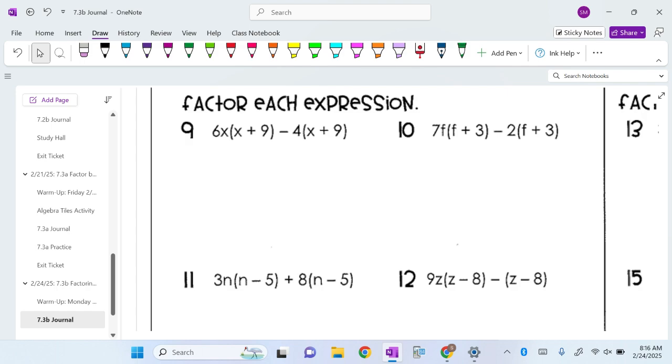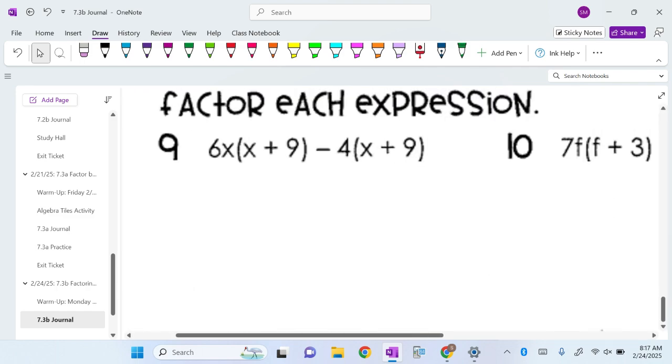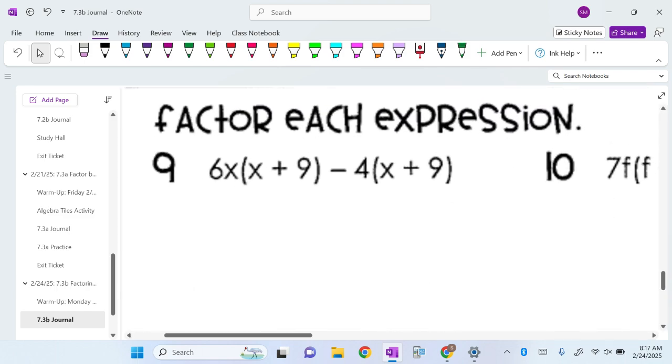Now, if we were to factor by a GCF, what do you think the GCF of number 9 would be? And it is a binomial. So what do both of these two terms have in common? They have that x plus 9 in common.